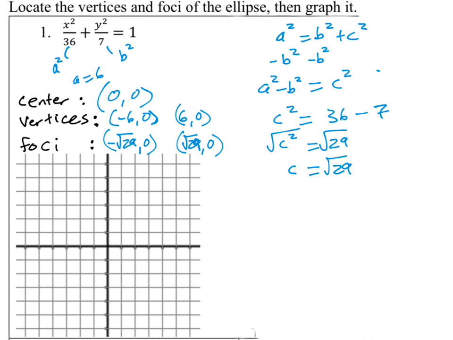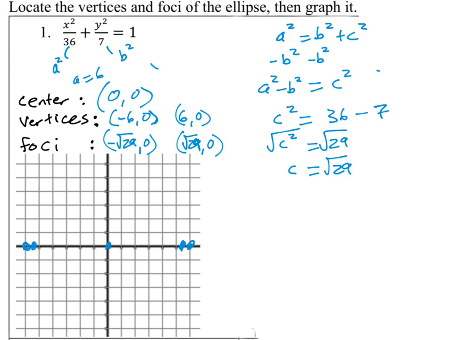So there's your center and your vertices. We're going to graph these, 6, 0 and negative 6, 0, and then the foci at root 29 and negative root 29 along our x-axis. Square root of 29 is 5 point something, so you're not going to be on an exact grid line there. But let's put these points down. Those points are pretty close together.